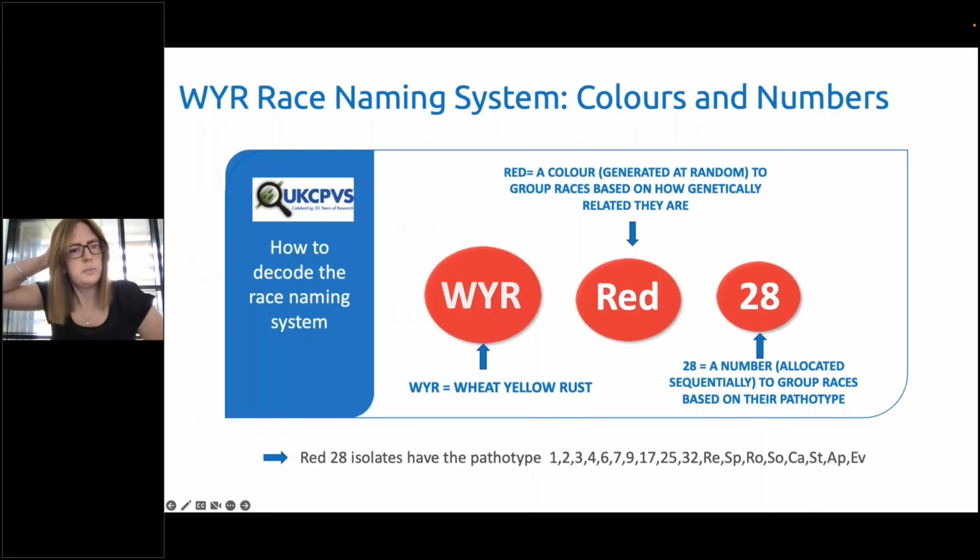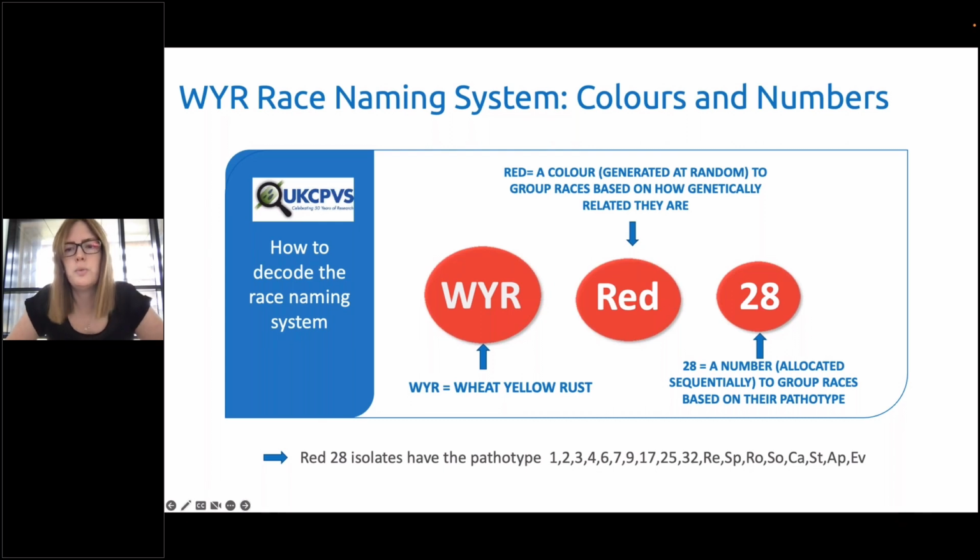Our current naming system uses a combination of colours and numbers, which reflects the complexity of the yellow rust population. We use the colour code to denote the genetic group.